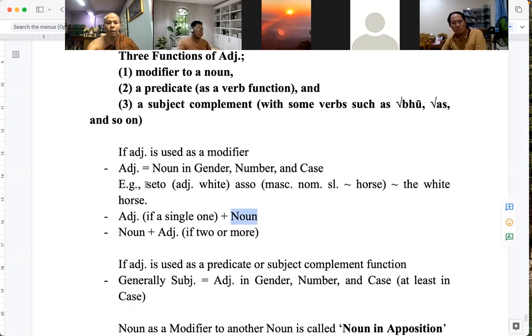Like this: seto asso, not asso seto. So if a single adjective is used to modify a noun, that adjective takes place before the noun it modifies, like seto asso, not asso seto.